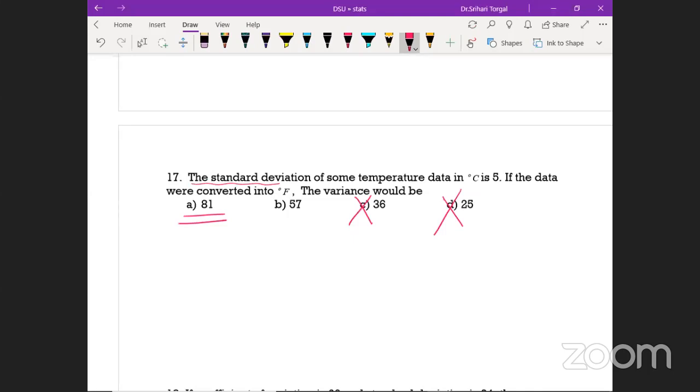The standard deviation of some temperature data in degree Celsius is 5. Standard deviation is 5, so sigma square is 25. If you convert this standard deviation in terms of Fahrenheit, how to convert degree Celsius to Fahrenheit? Fahrenheit is equal to 9 by 5 C plus 32.